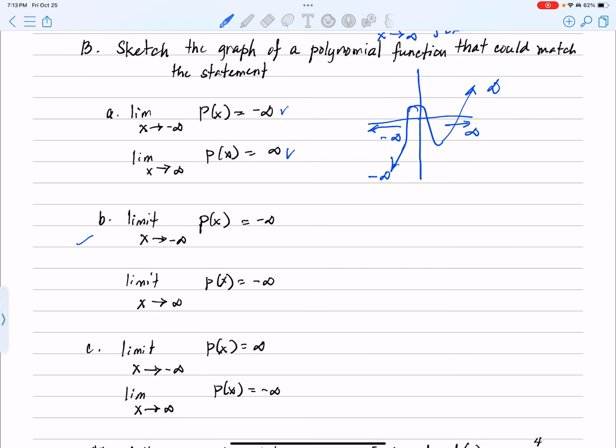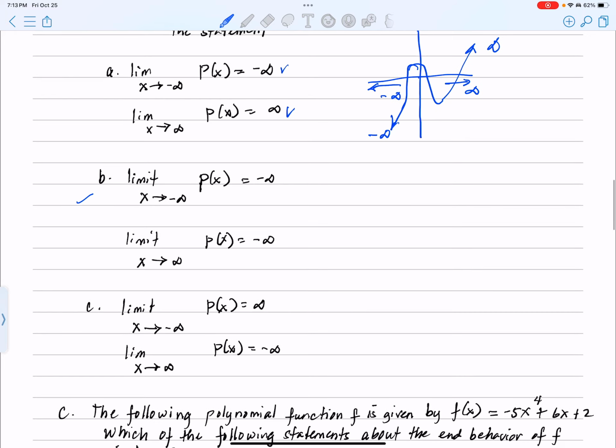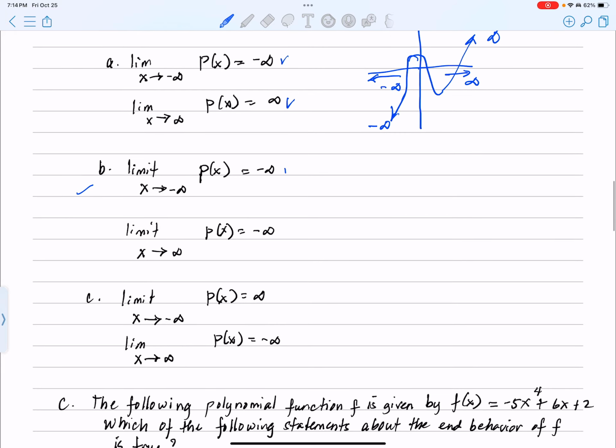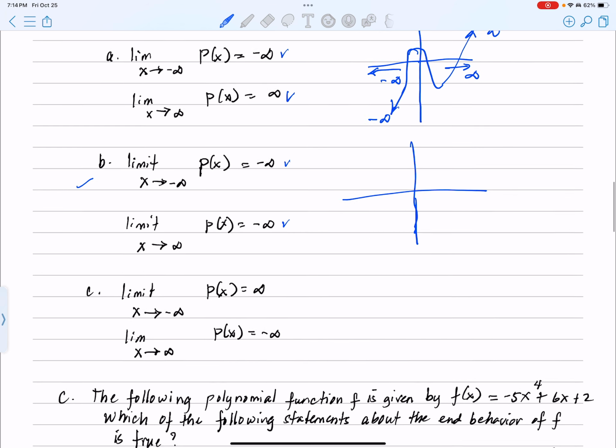That is how the graph looks as x approaches positive infinity. Now here I look at both ends are negative. Both are negative. So where is the direction of the graph?